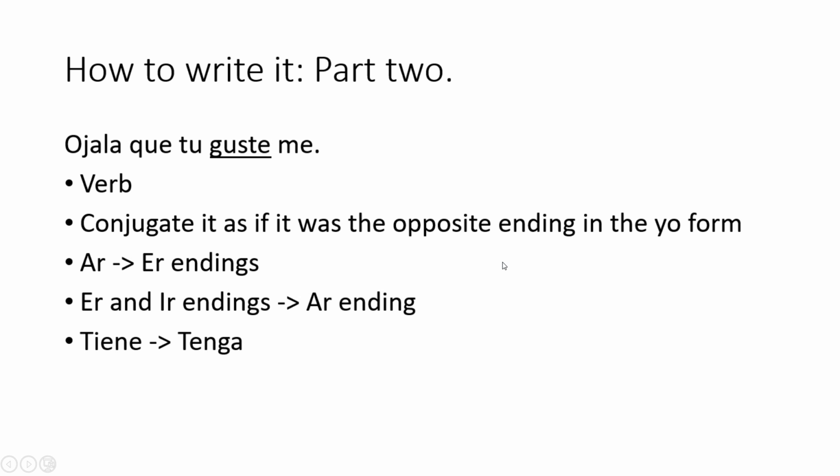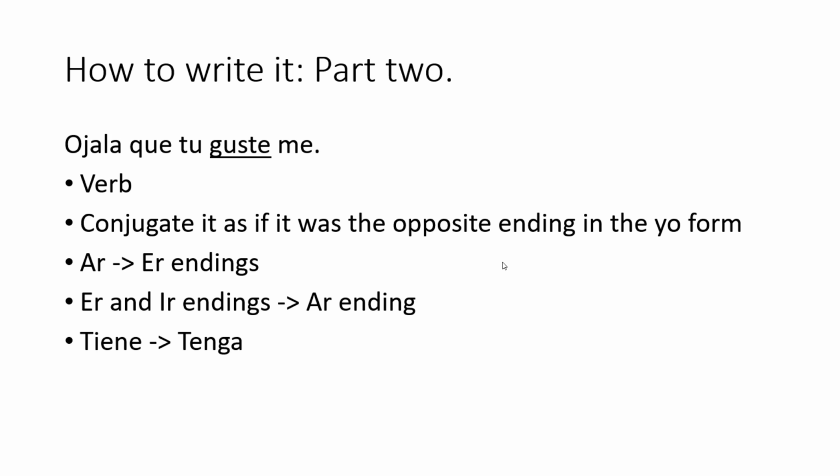This is the second part of how to write it, which is just focusing on the verb itself. So when you conjugate subjunctive verbs, all you really have to do is conjugate the verb as if it had the opposite ending. So for example, if it had an AR ending, you would conjugate it like it had an ER ending, and vice versa.